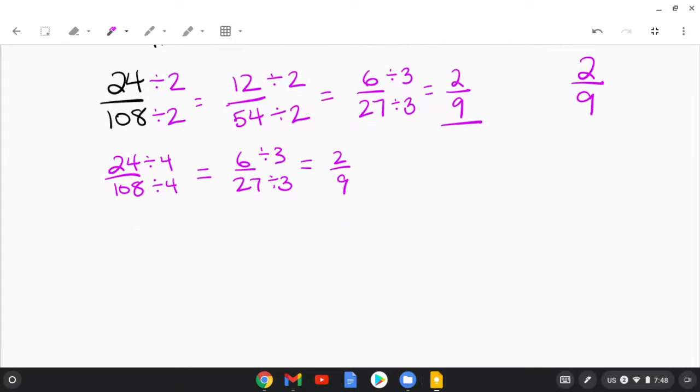You don't even have to go 2 first. If I looked at this and said, okay, 2 plus 4 is 6, and 1 plus 8 is 9, I remember that a number is divisible by 3 if the sum of its digits is divisible by 3. So I can divide both of these by 3 off the hop. And when I do that, I get 8 over 36.